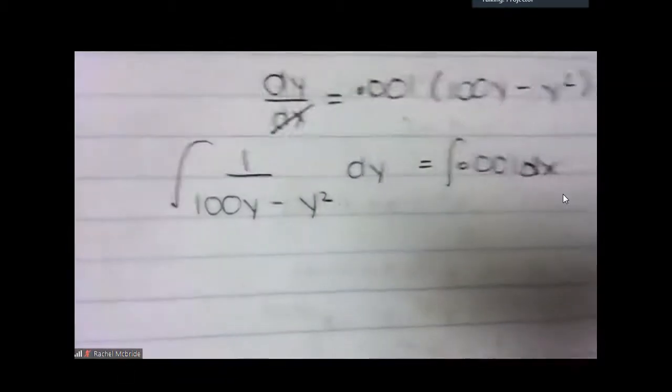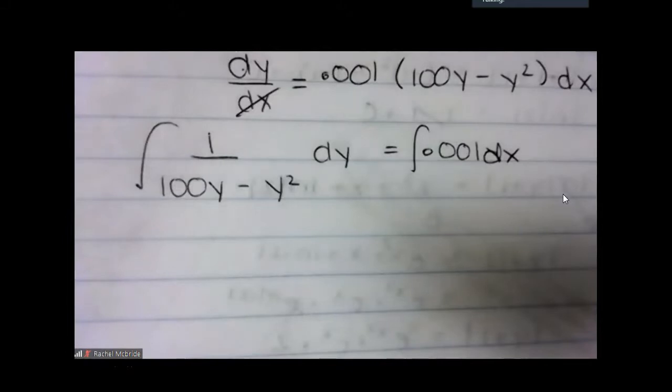Okay, anybody keep it like that and not distribute the 0.001? Yeah, is that what you did? Yeah. So after I multiplied it in, you sort of start to get your crazy decimals. If you had kept it more like this, then you can avoid all of those crazy decimals.